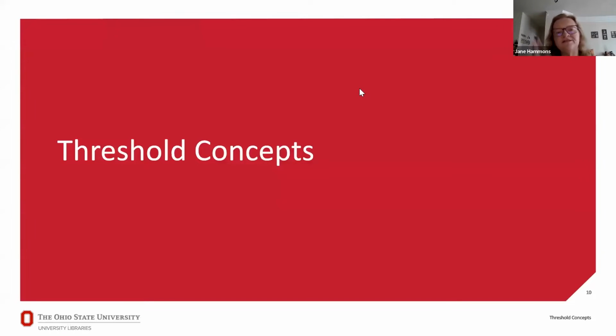All right, so threshold concepts. To get us started with this, I'm going to share several different definitions, and this might seem a little bit like definition overload, but this is one of those concepts that it can take a little bit of time to get, and different definitions provide different aspects that somehow come together to help me understand this concept myself.